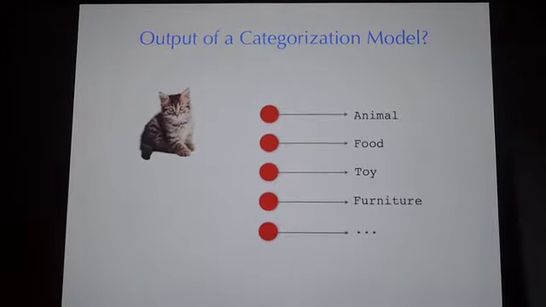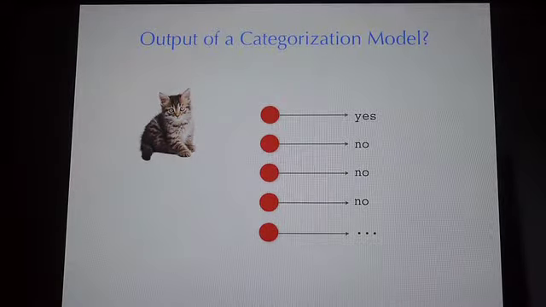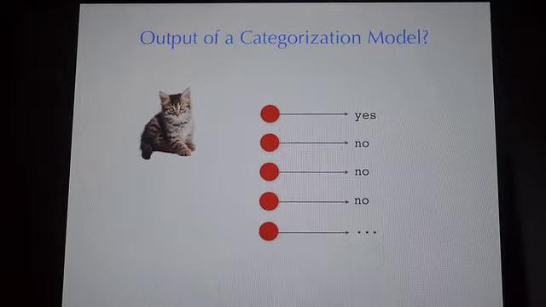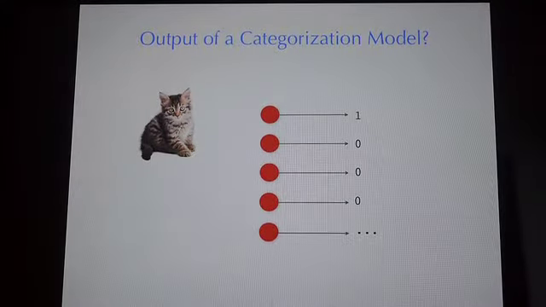If you're talking about the cat as input, then the output should be yes to the animal category and no to all the other categories. Or again, in a language that's more suitable for computers to process, this should be a value 1 for the animal category and 0 for all the other categories.